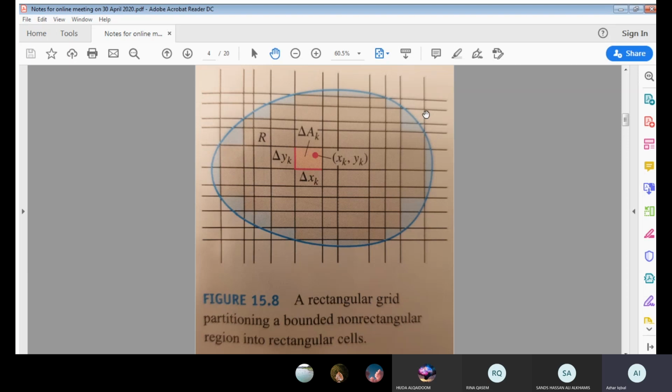Before, in the last lecture, we considered a rectangular region and partitioned it into a small rectangular grid, consisting of a large number of small rectangles. So the partitioning is similar as before, but only the boundary of this region is different from the previous case.